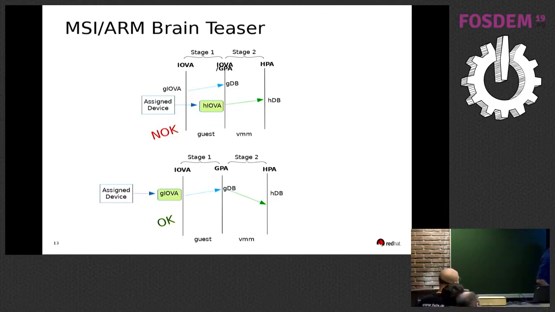When the IRQ routing setup is made, the MSI KVM IRQ routing is set up, we trap this information about the binding and pass it to the host. And we are reusing this guest IOVA instead of the host IOVA that was formerly allocated by the host system.